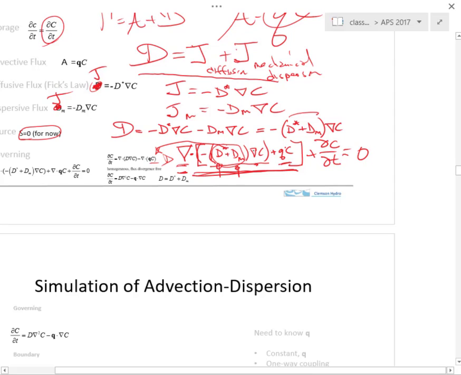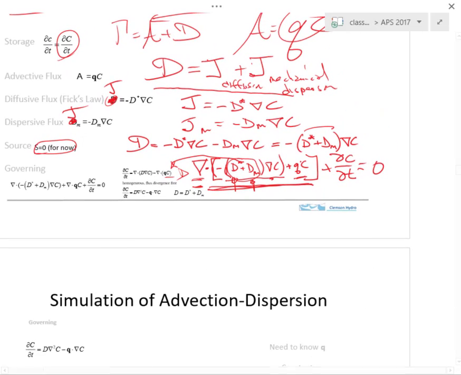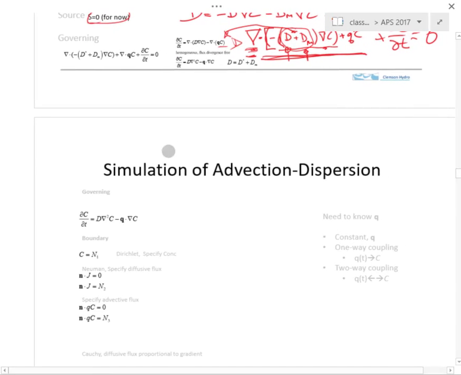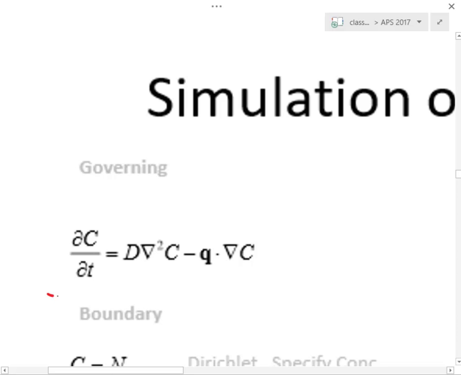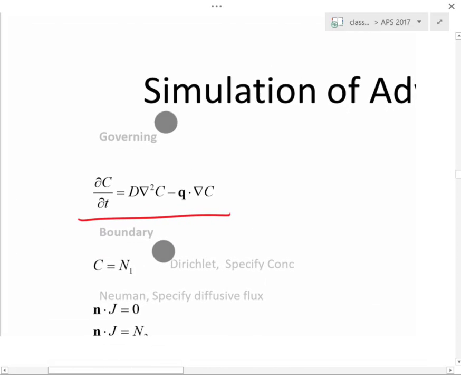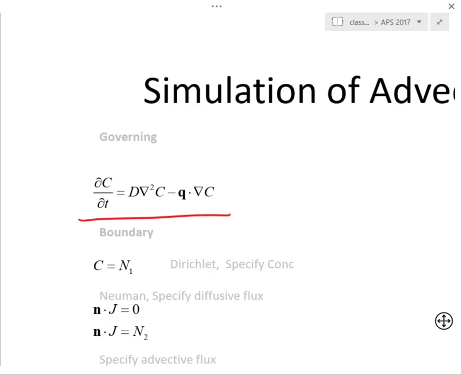This divergence operates on this term, and we get a second derivative. And then the divergence operates on the advective flux, and we get this expression here. So that's the governing equation for dispersion being uniform, a kind of simplified case.